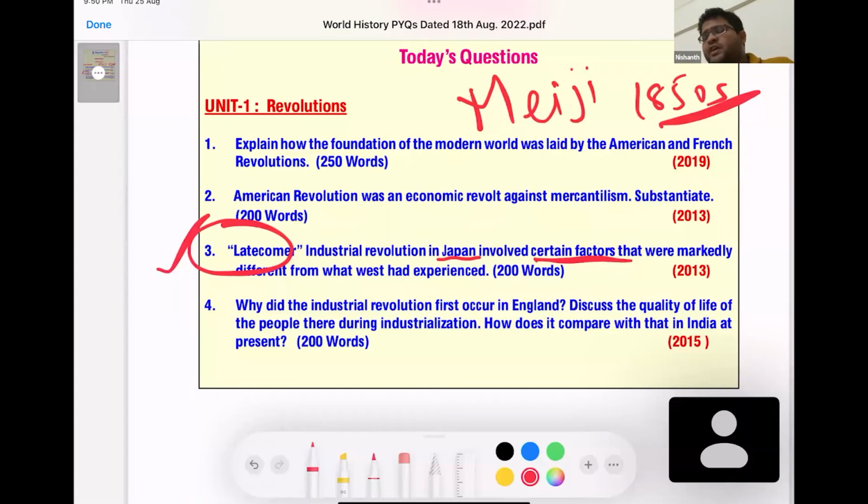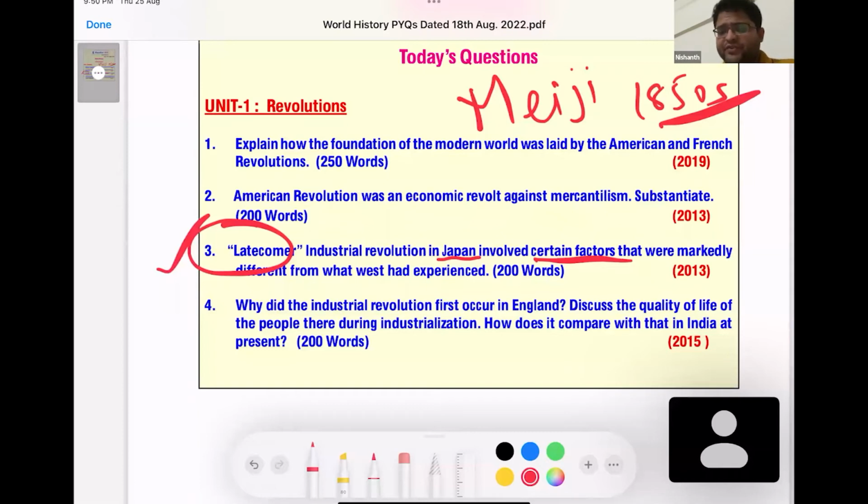It was like the ultimate aim for them to become an industrialized nation. And in that process, they slogged and slogged, and in a very short time they became an industrial nation.